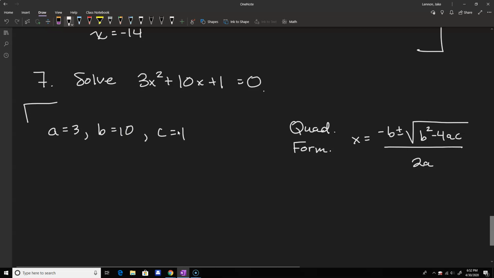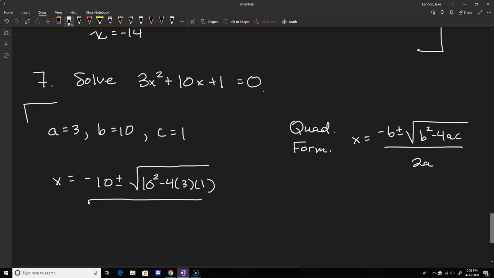So let's plug those things in and just simplify using the arithmetic. So x should be negative 10 plus or minus the square root of 10 squared minus 4 times 3 times 1, divided by 2 times 3.